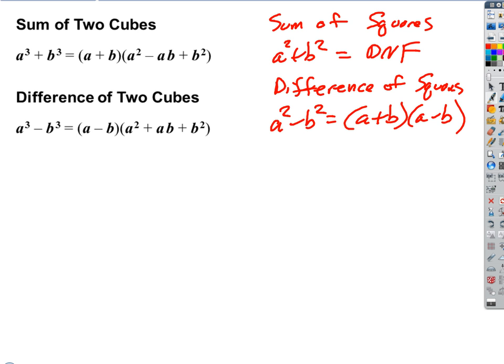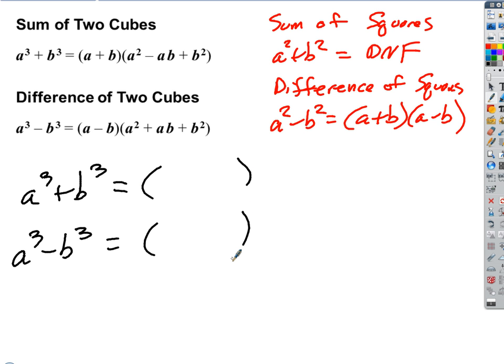Okay, sum of two cubes. Now look how this works. If I'm going to do the sum of two cubes, a cubed plus b cubed, and the difference of two cubes, a cubed minus b cubed, the patterns are almost the same. I wanted to show you how these patterns work. They both break up into a small factor times a big factor.